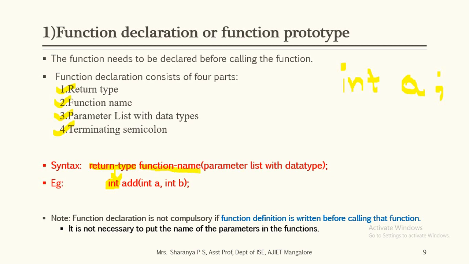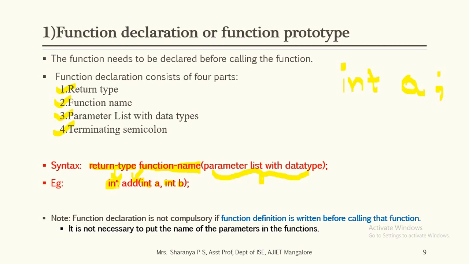Next, we have to mention the function name. Here we are using add. Add is the function name. And then it is a list of parameters with the data type. Here a and b are nothing but the variable names, and along with that we mention the data type. This is what we call the parameter list.